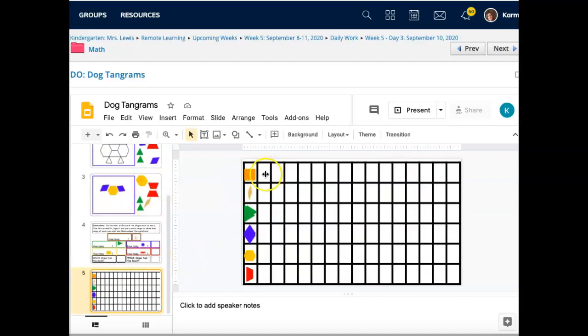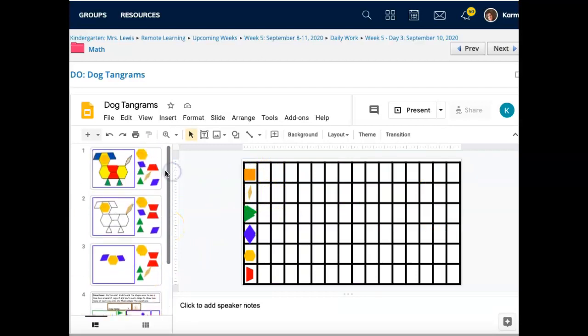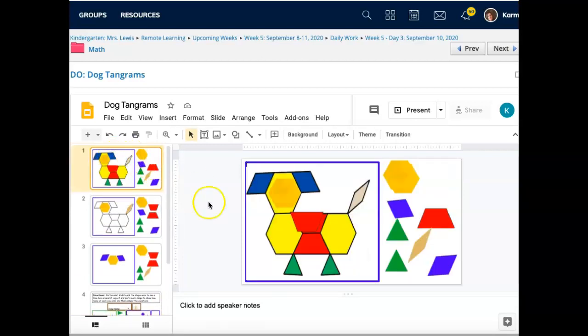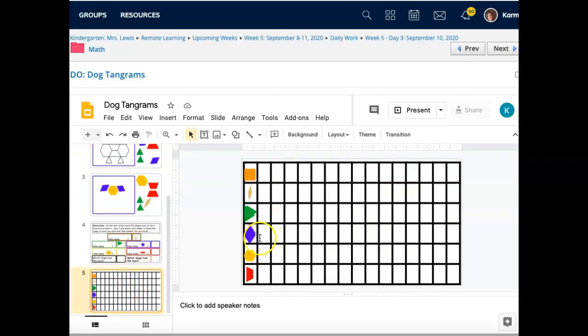This slide helps us make a graph to show how many of each shape we used. Let's take a peek. I see a rhombus for the ears. Let's see, how many are there? One, two. One, two.